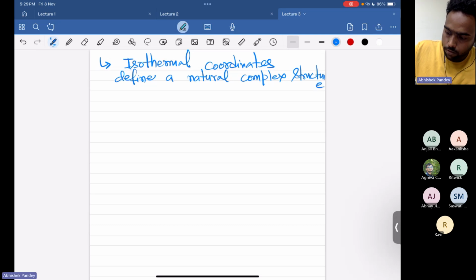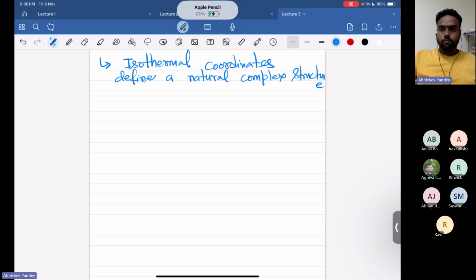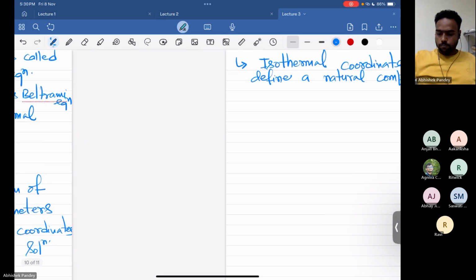Can anyone tell me why this is so? Basically, isothermal coordinates are giving us a complex structure on the surfaces. Anyone?